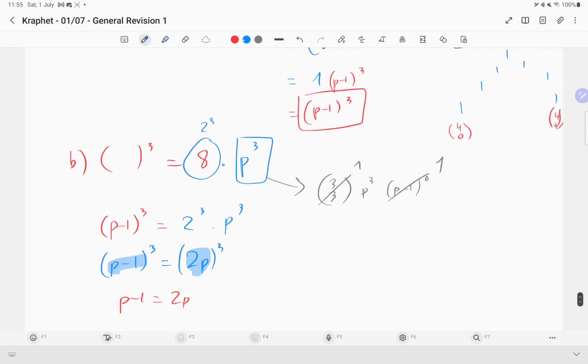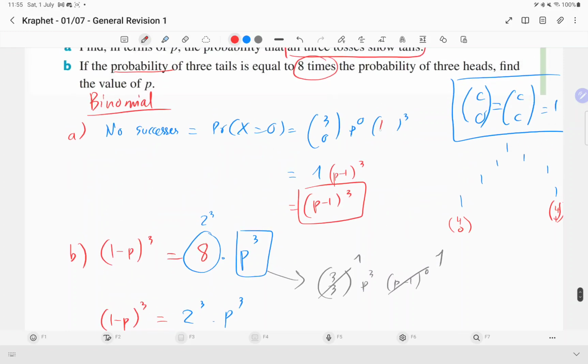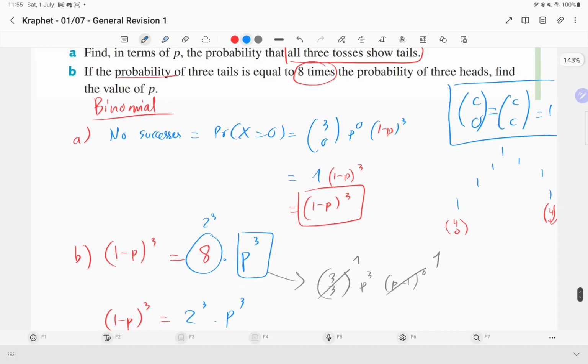What did I write? It should be 1 minus p. It's the total probability minus the probability of success, not p minus 1. My bad. So this is 1 minus p, and this is 1 minus p. Because if success is 0.4, then failure is 0.6, so it's 1 minus the success probability.